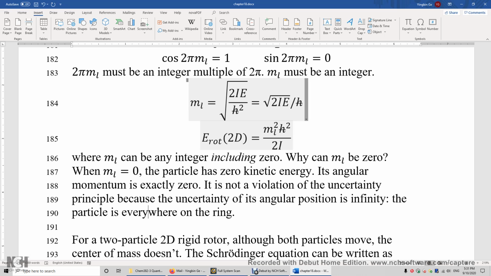So if you make a measurement of the position of the particle, it can be anywhere on the ring. So actually the uncertainty of the angular position is infinity. That's why this is not a violation of the uncertainty principle. We have 0 uncertainty regarding its angular momentum, but we have an infinite uncertainty regarding its angular position.